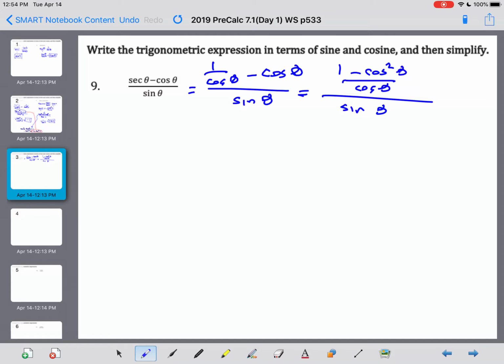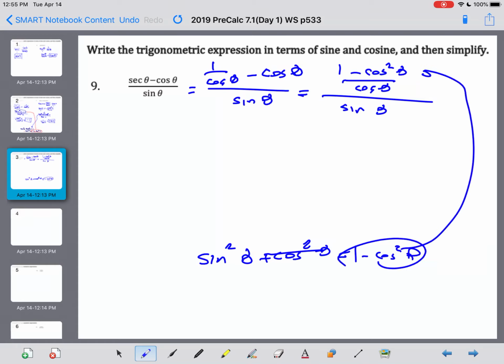And again, going back to this sine squared theta, let me fix that. So again, remember sine squared theta plus cosine squared theta equals 1. If I subtract this guy over, that's what I have on the top here. So then I can rewrite that as sine squared theta over cosine theta all over sine theta over 1.